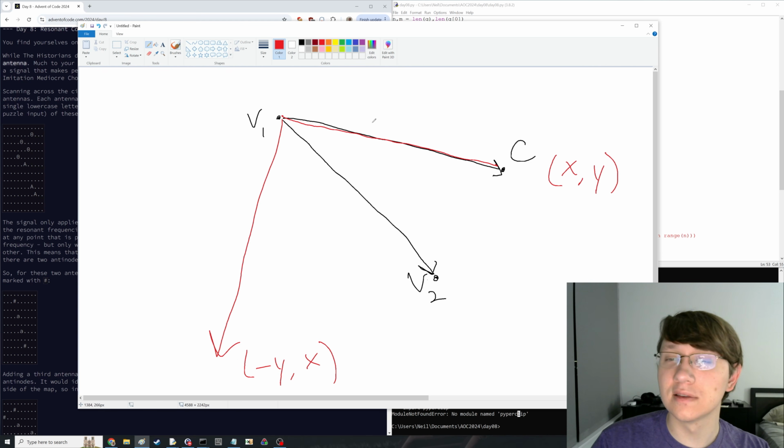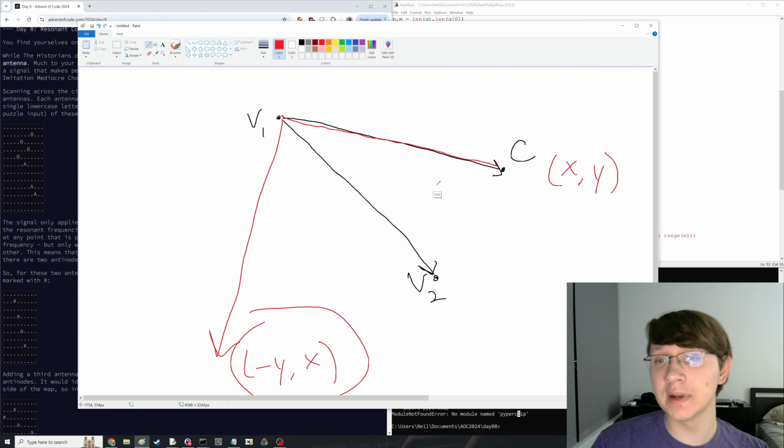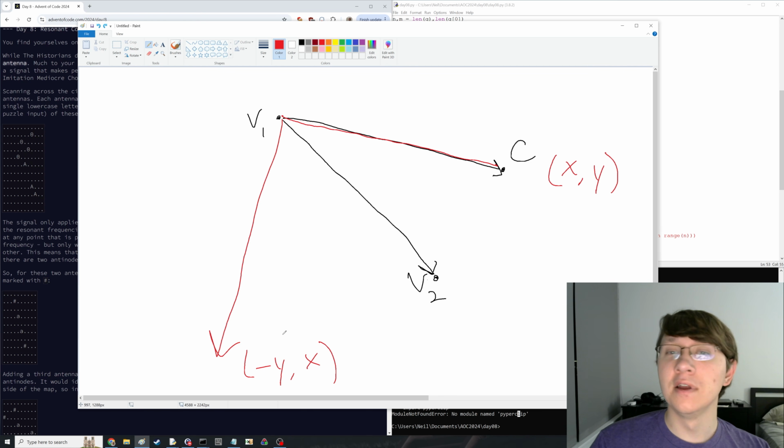I didn't actually work out if this is the correct direction, but it doesn't really matter. This transformation is either a rotation of 90 degrees right or 90 degrees left. I don't remember which one. The point is this is definitely perpendicular. And once you have a perpendicular vector, it's easy to check if it is perpendicular to V1 to V2 because you can just take a dot product.